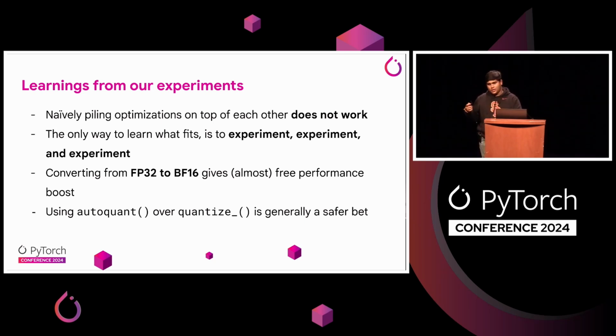Also, understand that diffusers, specifically, uses scaled dot product attention or flash attention, as most folks would know, if your PyTorch version is greater than 2.0. Lastly, using AutoQuant is another very quick way to get performance boosts instead of just doing naive quantization. Just calling one specific function will allow you to optimize the kernels you're using.